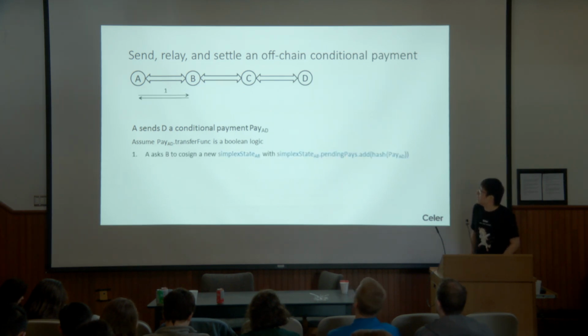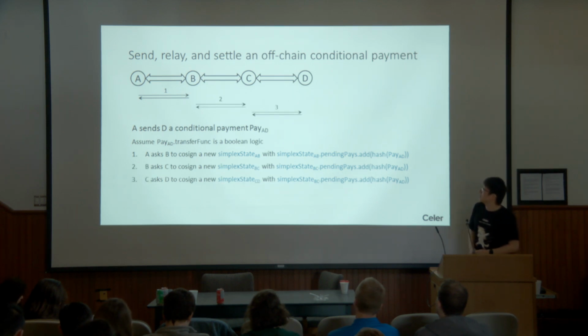By sending the payment pay AD, A will ask B to cosign a new simplex state. Just add the hash of the pay to the simplex state, and that's it. And then B will just add the same pay hash to C and C to D. So these are very simple operations.